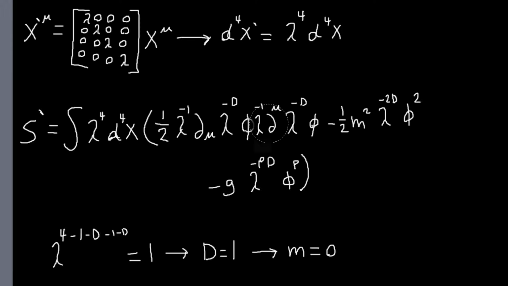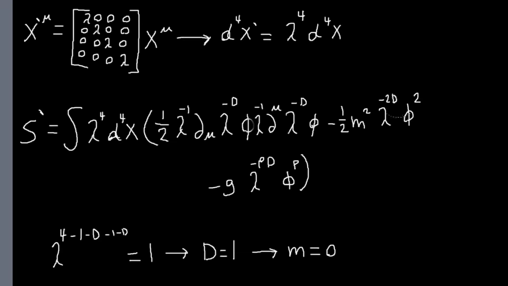For our term to be invariant, we need lambda to that power to be 1. In other words, we need this exponent to be equal to 0. And for that to happen, we need d to be equal to 1. So that's for this first term.